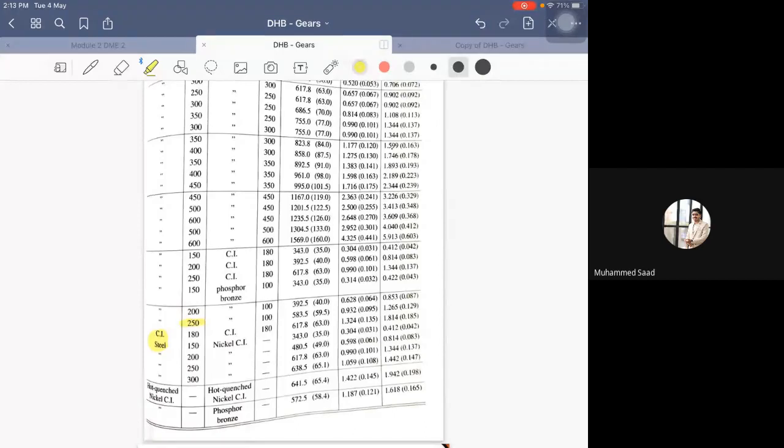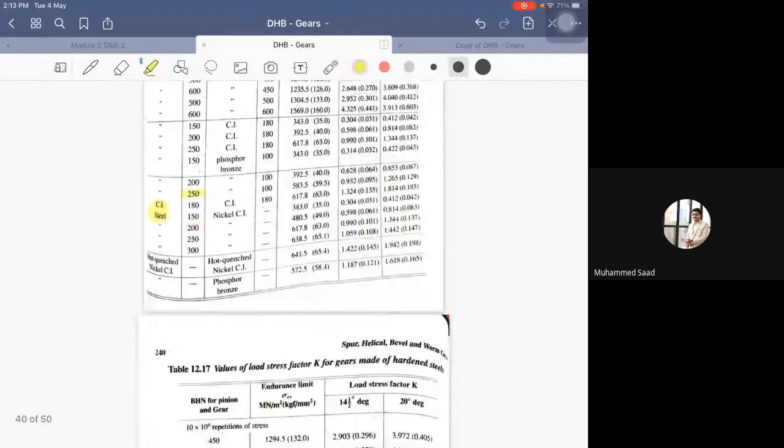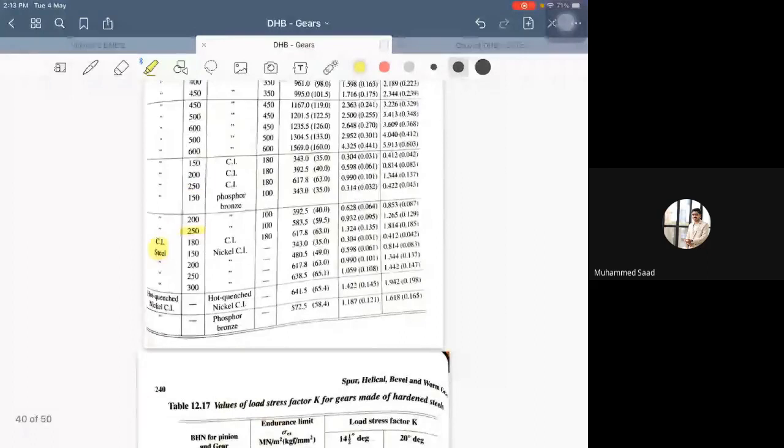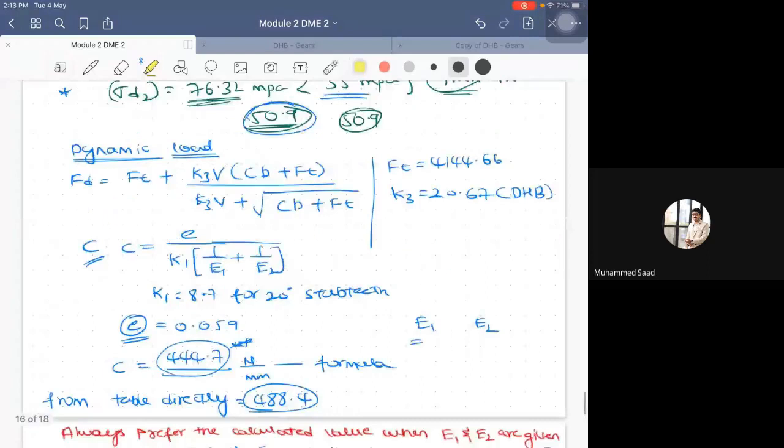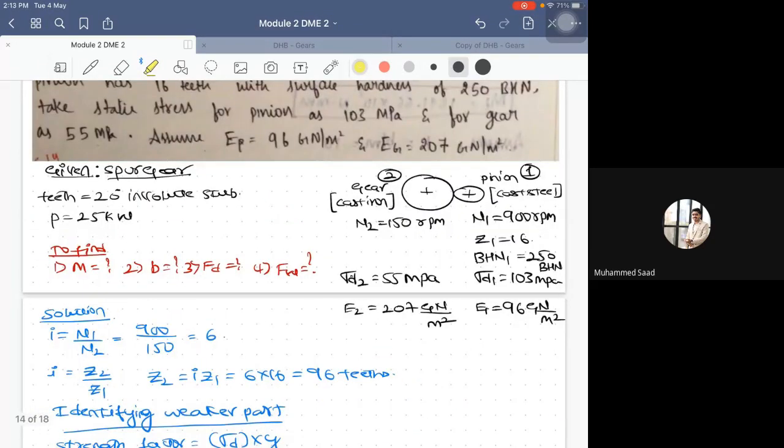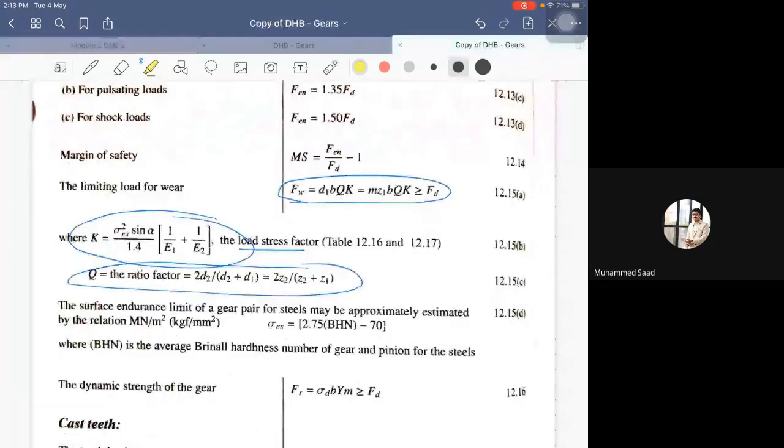Next, the gear material is cast iron, so I would go with cast iron here, and the BHN is 180, correct? It is not given for the gear. Okay, you can take it from the data handbook then. I would just check the given data. Only for this one is given and the other is not given, isn't it?